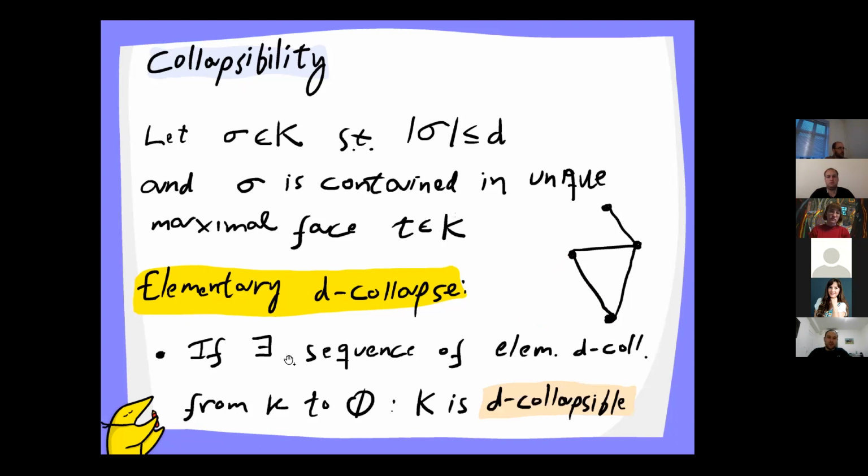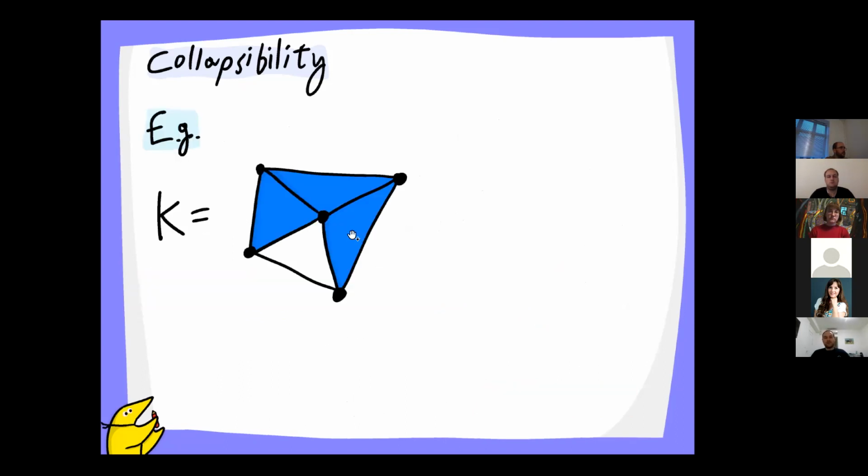The complex is called d-collapsible if there is a sequence of elementary d-collapses reducing K to the void complex. Meaning we can remove all the faces of K by performing such a sequence of collapses.